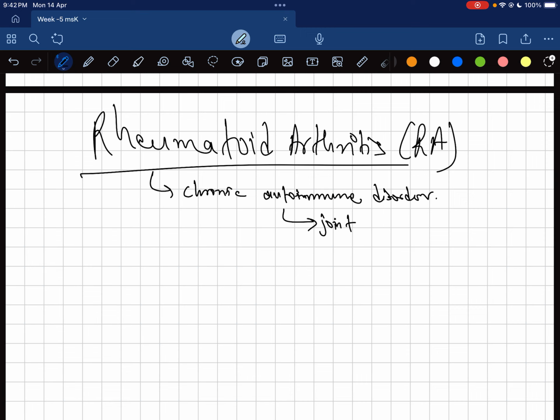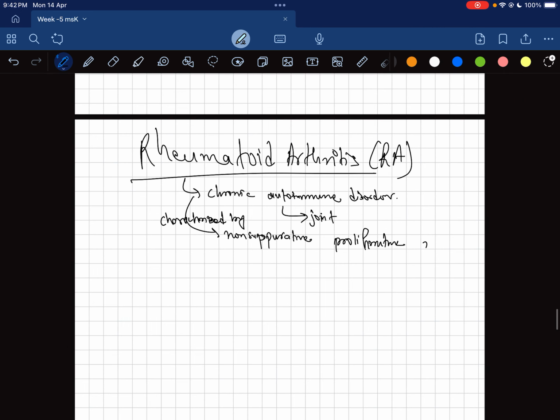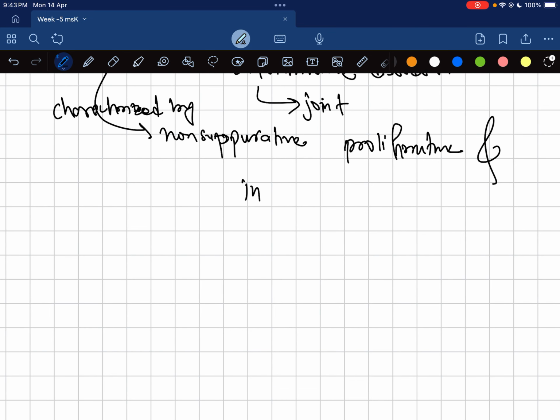It is characterized by non-suppurative, proliferative, and inflammatory synovitis.